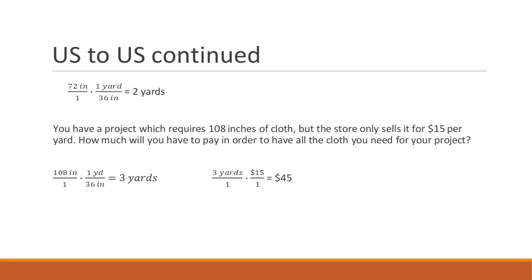So when we multiply across here, and you might have already seen the math we do here, I'm leaving a step out. And that step is 72 times 1 is 72. And 1 times 36 is 36. So this 2 yards comes from 72 over 36.